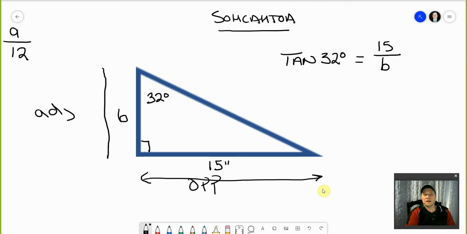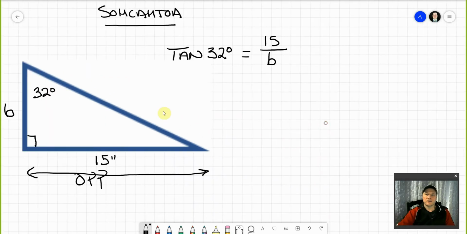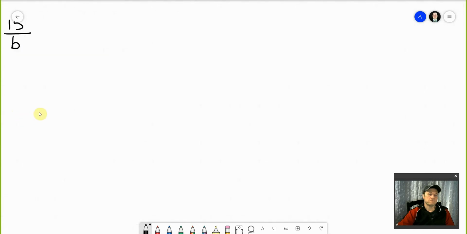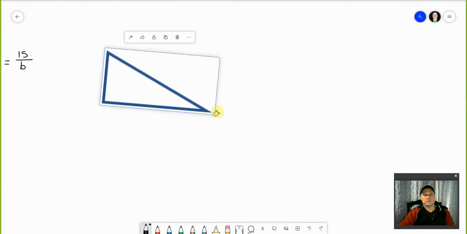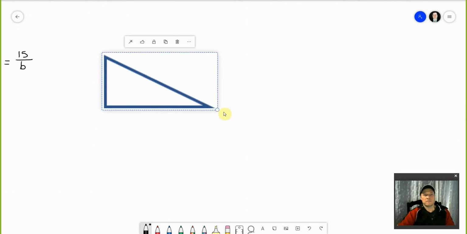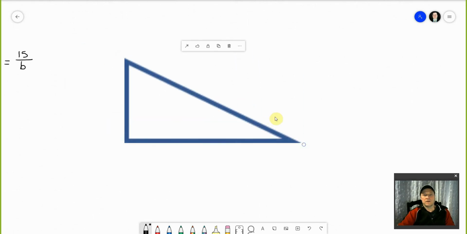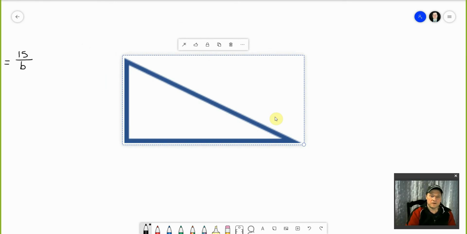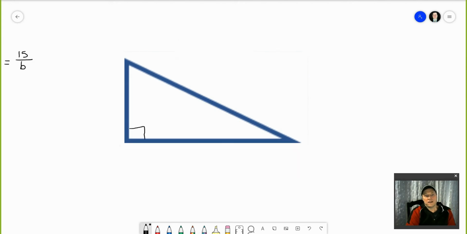Okay, we'll do one more example here. So let's grab this triangle again, paste, and we'll do this. Okay, so let's say that we know this is a right angle triangle.